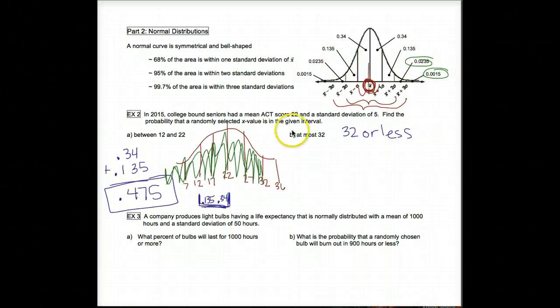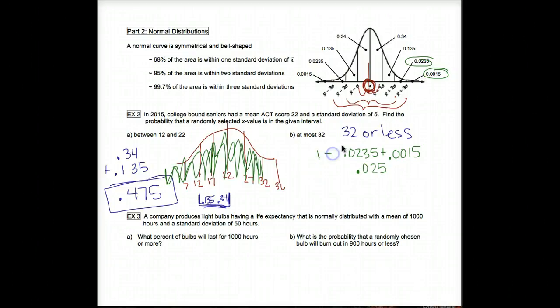So first I need to find that part, which is 0.0235 plus 0.0015, which gives me 0.025. Now, that's not the probability of scoring at most 32. The probability of scoring at most 32 is all but that.